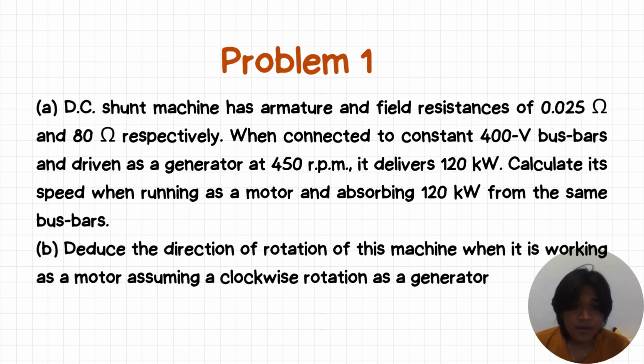It delivers 120 kilowatts. Calculate its speed when running as a motor and absorbing 120 kilowatts from the same bus bars. And the second part of this problem, deduce the direction of rotation of this machine when it's a motor, assuming a clockwise rotation as a generator.